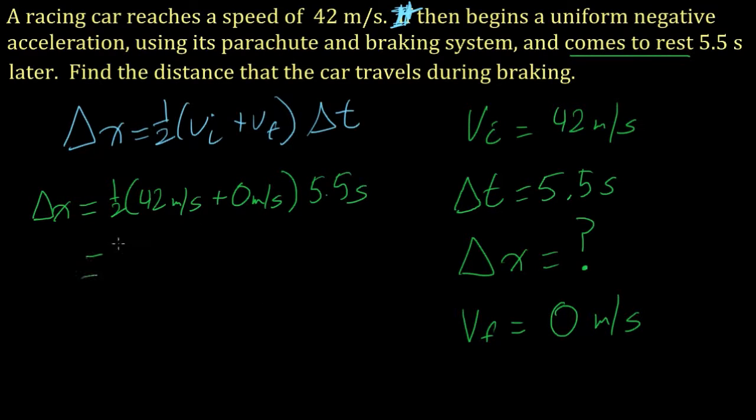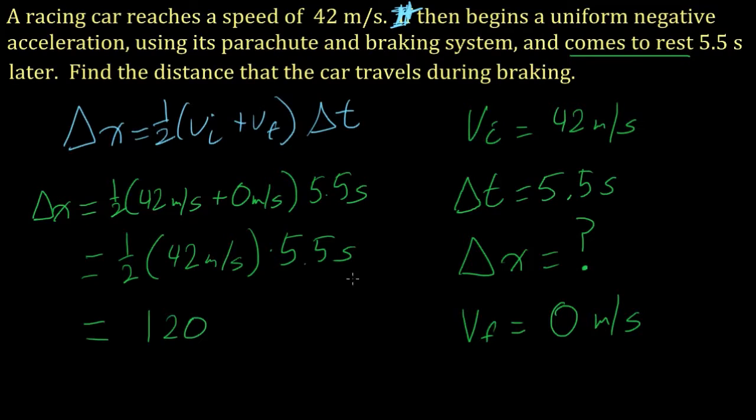Let's do some arithmetic here. 1/2 times 42 meters per second plus 0 meters per second is just 42 meters per second, times 5.5 seconds. 42 times 5.5 is... oh, I should be able to do that in my head. Oh well. 1/2 times 42 times 5.5 ends up being about 120.